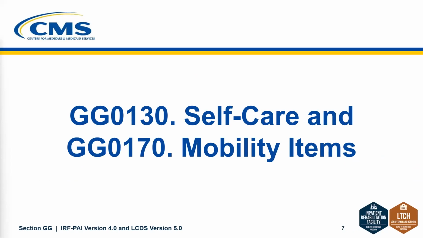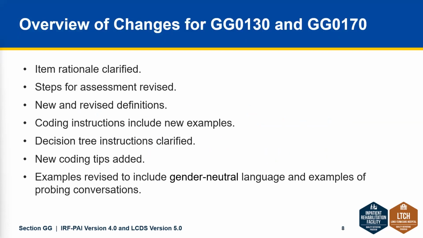In this section, we are going to review the item set changes and then guidance changes that apply to all of the GG0130 and GG0170 items. In later sections, we will review changes to item-specific guidance. This slide illustrates a summary of changes made throughout the manual pages for GG0130 and GG0170.